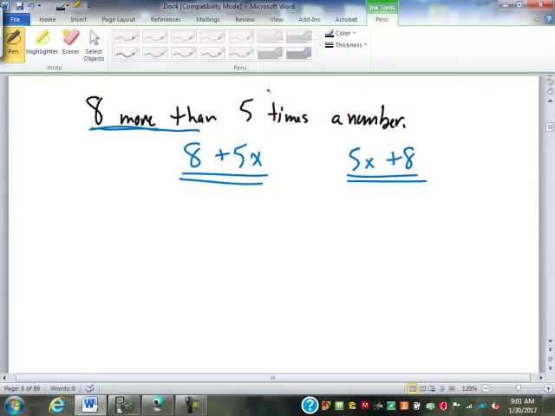So in your notes, as I write these next ones out, try to find a formula for it. Five times the number increased by 8.